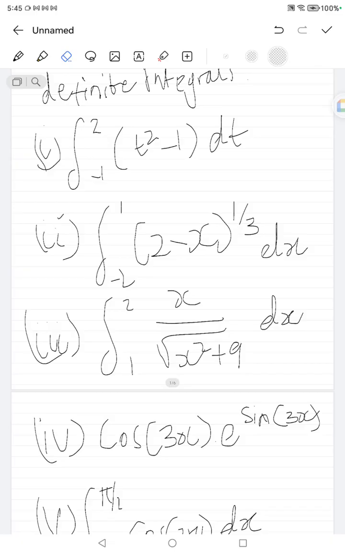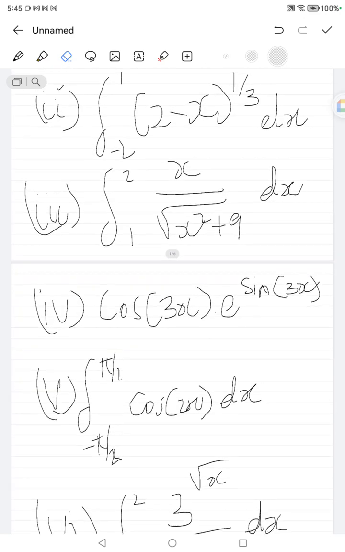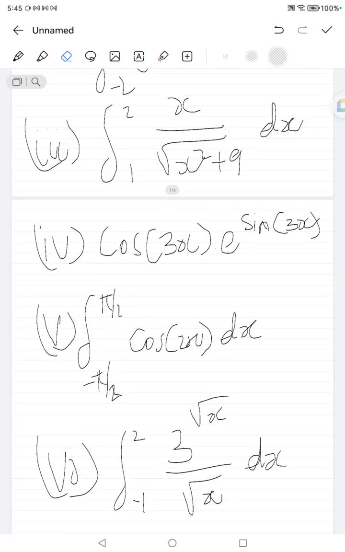Then I'll leave it for a while, then move to the second 3. Okay, let me show you the last ones. The last ones are these ones.